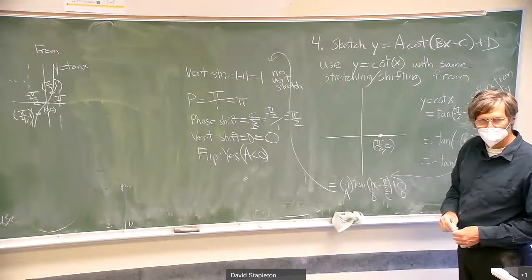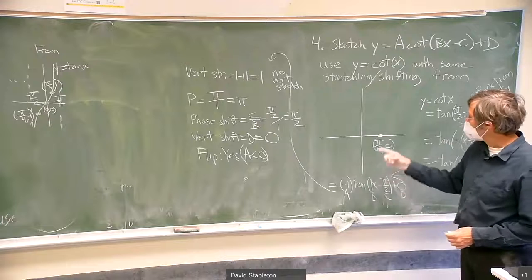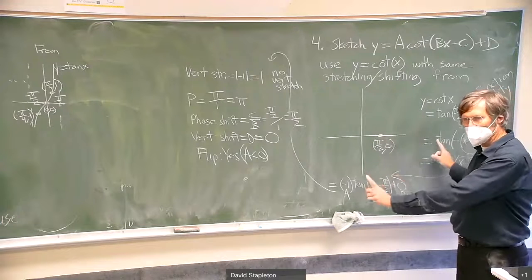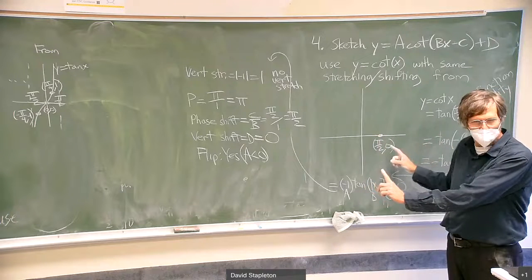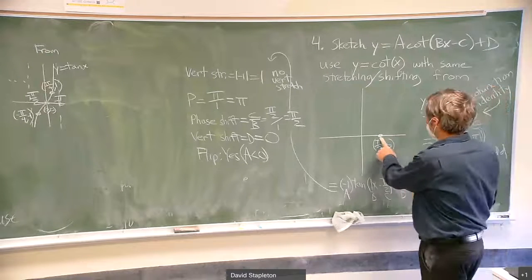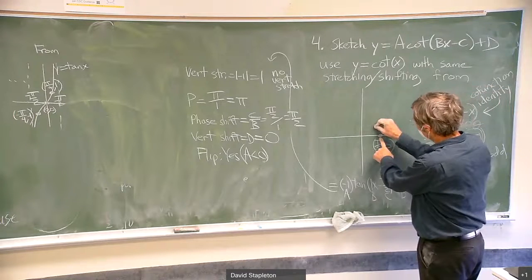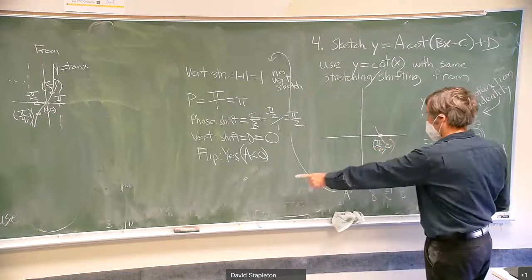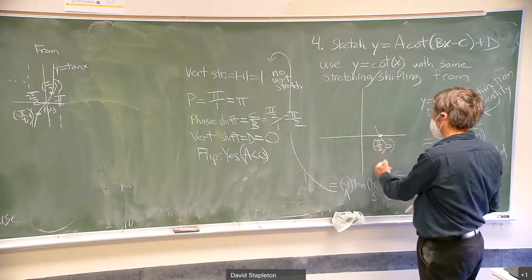Then how do you sketch tangent when it's stretched and shifted? You start at the shift point, you go half a period each side to draw asymptotes, right? Remember that trick for tangent? This will help a lot on the homework. Start at the shift point, tangent goes through there. I'm going to go down through it because I flipped tangent upside down, so tangent now goes down through the shift point.